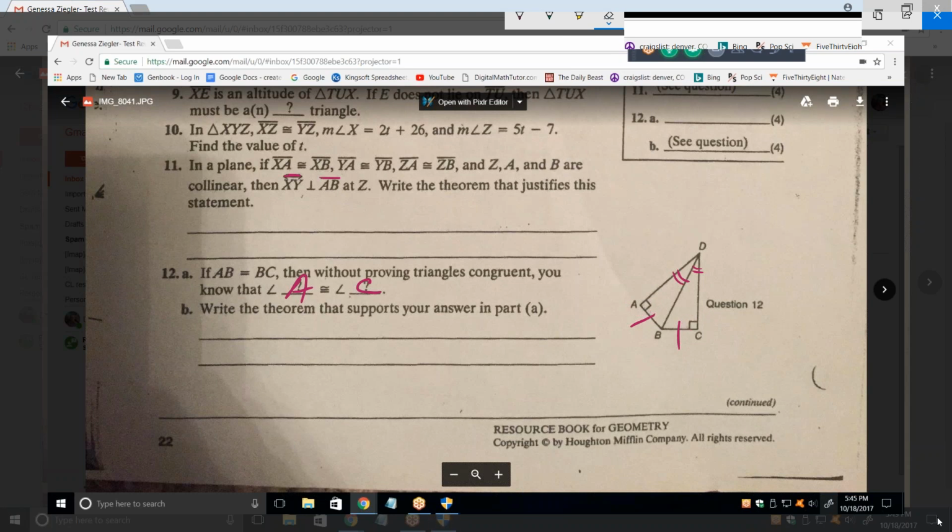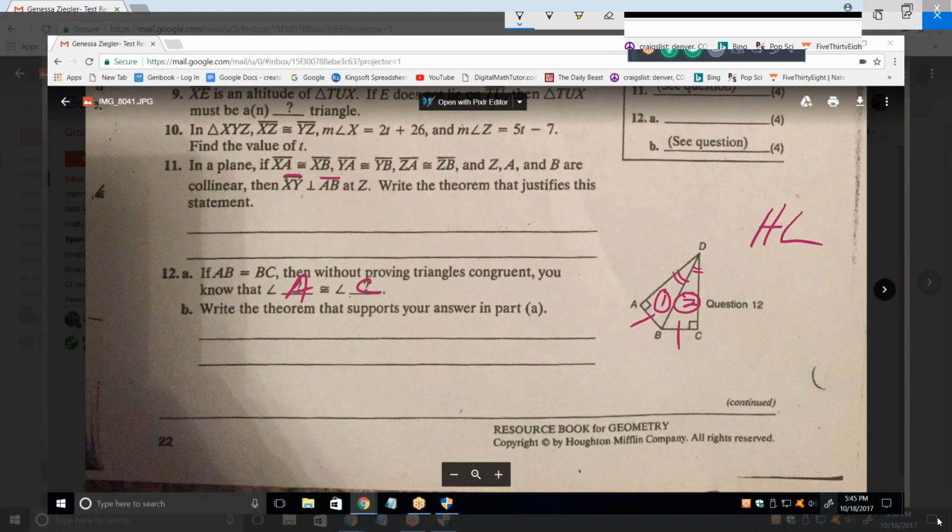Okay? Now part B, write the theorem that supports your answer. Well, we didn't need a theorem. They told us both of them were 90 degrees. But if we did, it would be the HL theorem for congruency. What does that mean? Well, that means we have two right triangles. Two right triangles are congruent if they have the same length hypotenuse and one side is the same.